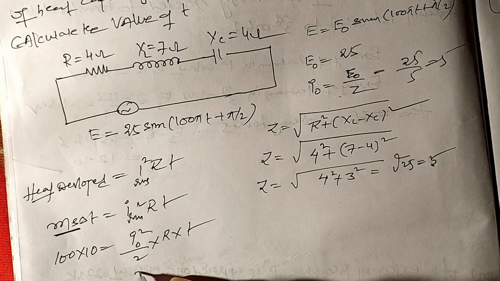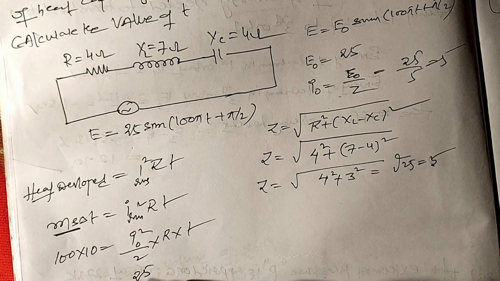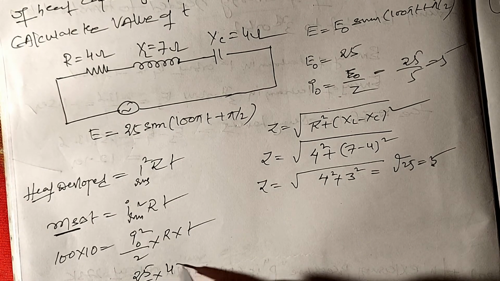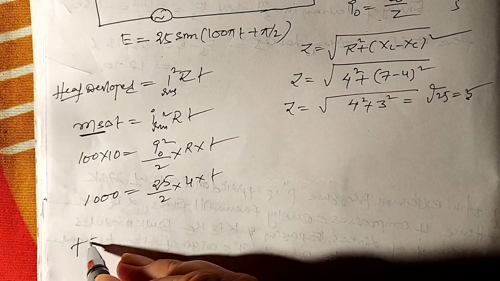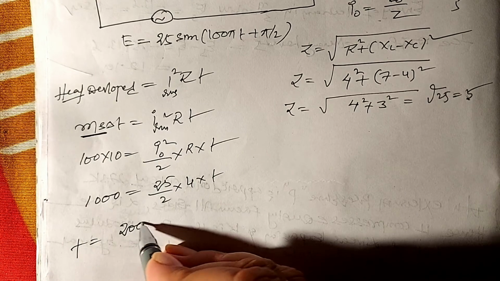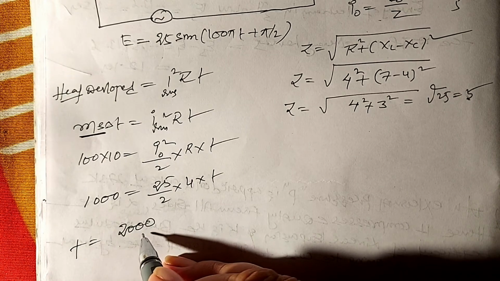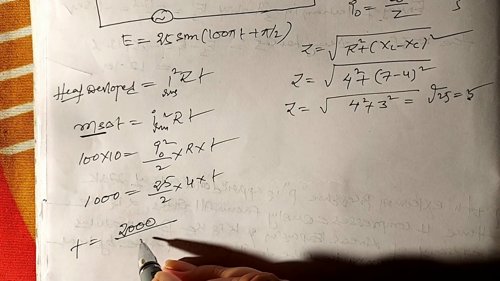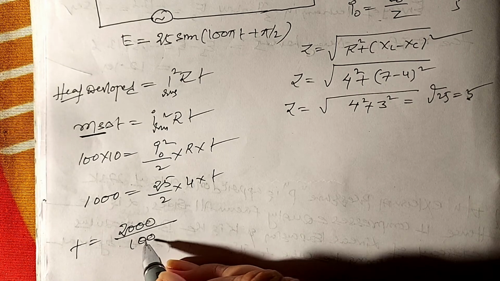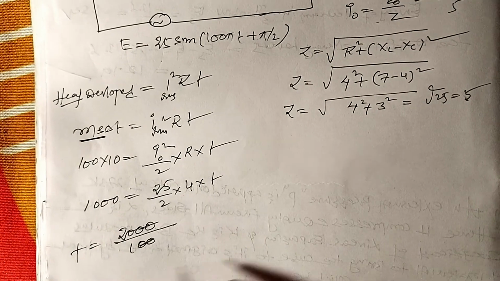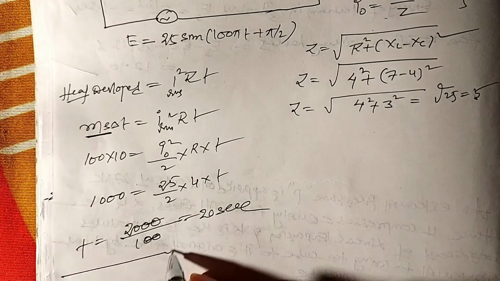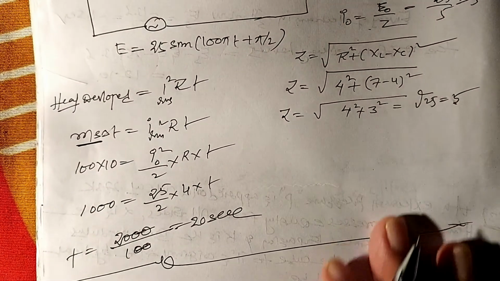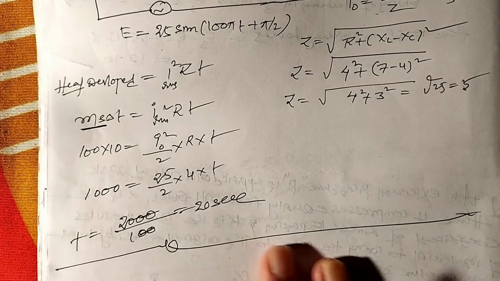I0 square, that is equal to 25 by 2 into 4 into T. So T is equal to 2000 divided by 100. 0 cancel. That is equal to 20 seconds. Okay. This is the time.